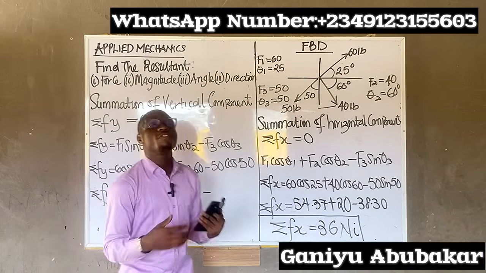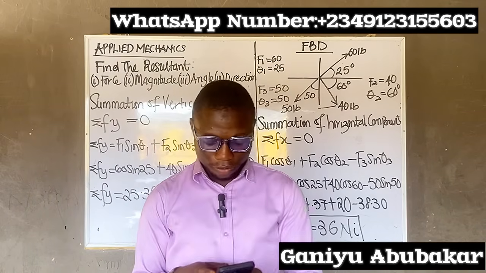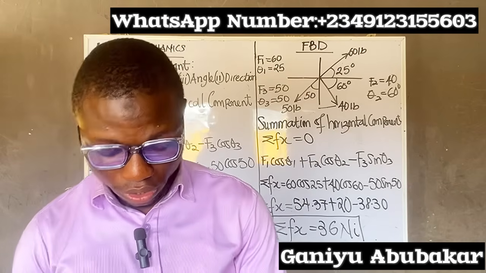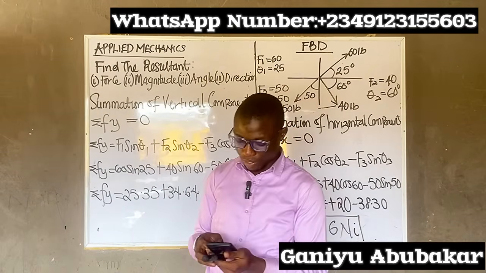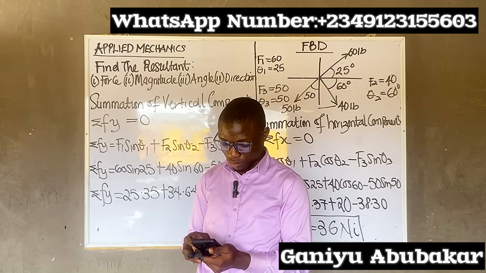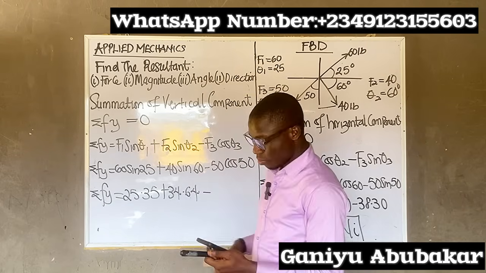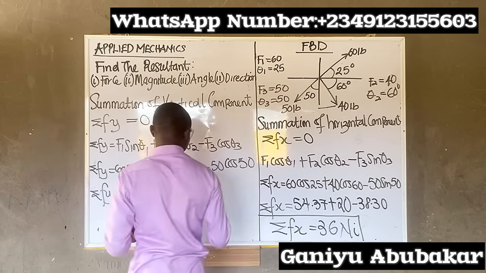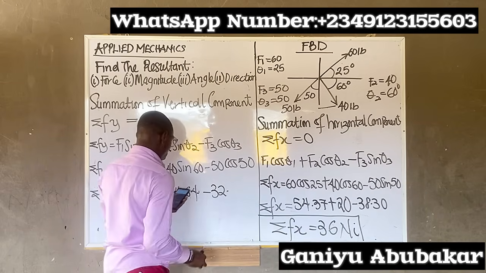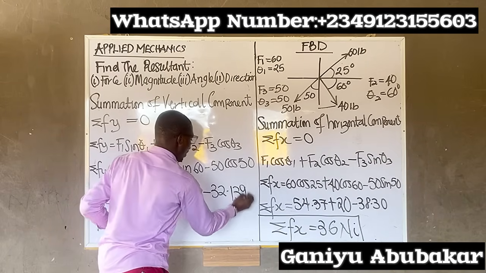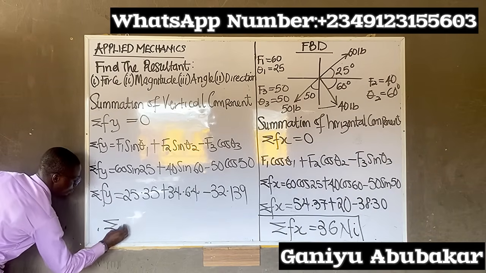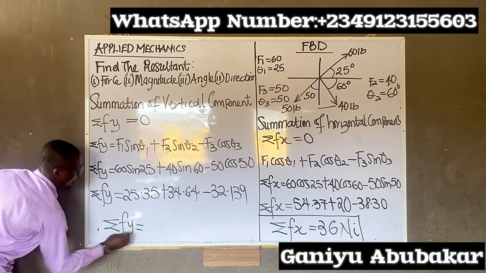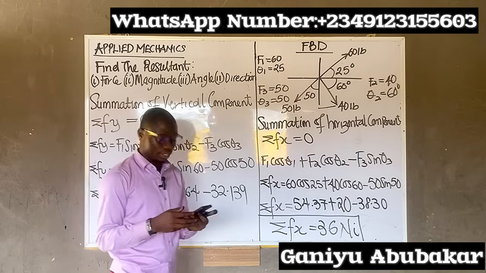Minus 50 cos 50, that gives you 32.139. Work on this. This gives you the value of summation Fy will be equal to, work on this, let's see what we get.